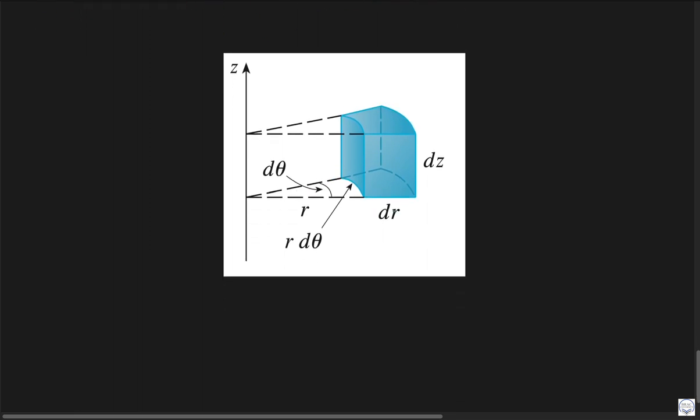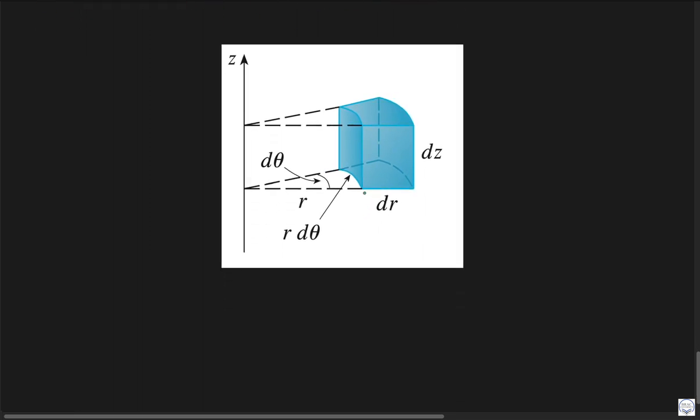So we have this particular solid, and when we consider the infinitesimal lengths along the r direction, we have dr, and in the z direction we have dz, and this particular side will have, in the same way that we had r d theta before, r d theta over here.